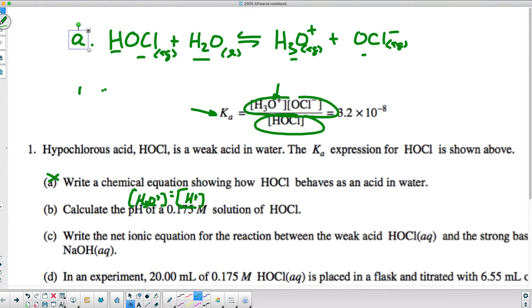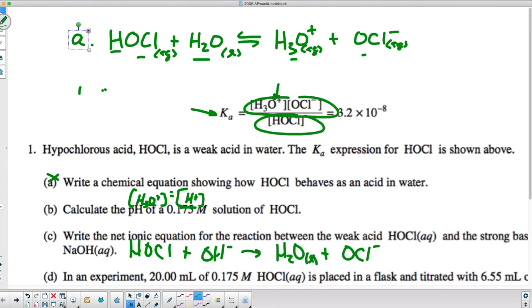So write the net ionic equation for the reaction between HOCl plus NaOH. I'm going to consider the OH minus as my part here. I'm going to make water on this side, and over here is going to be the OCl minus. So that is my net ionic equation.